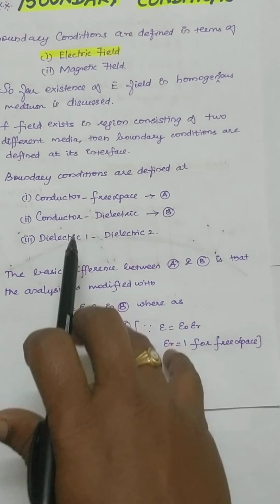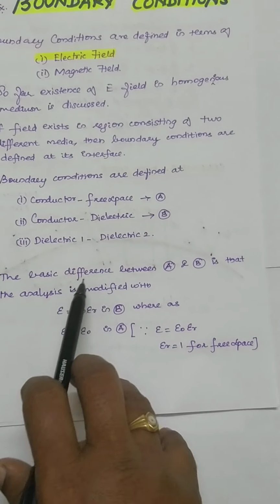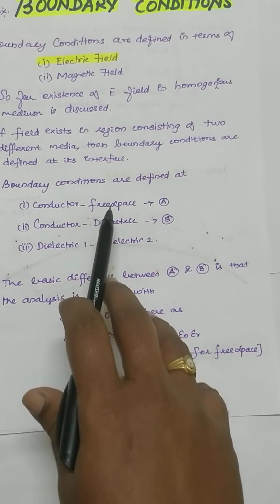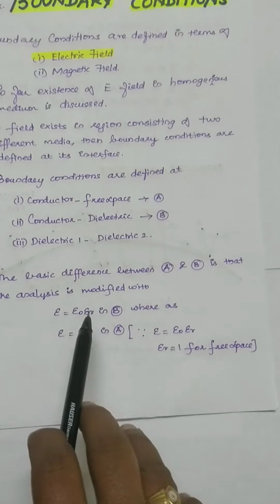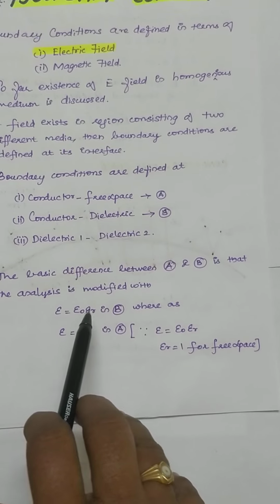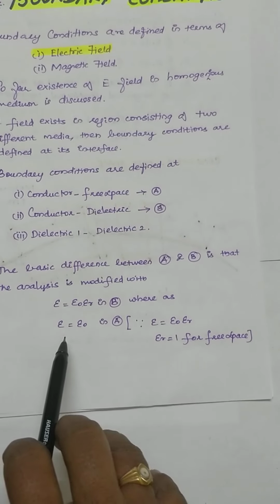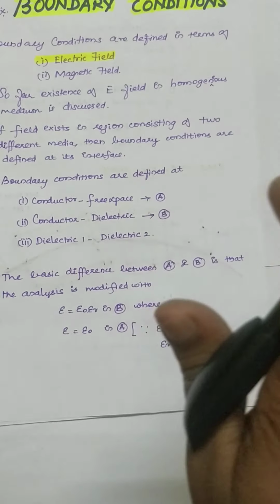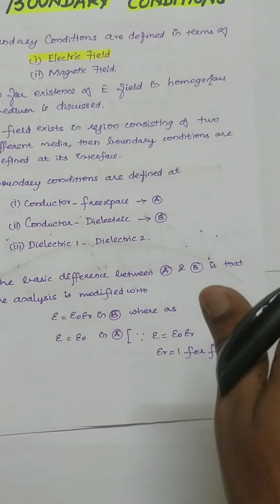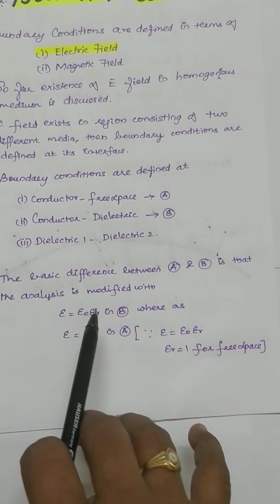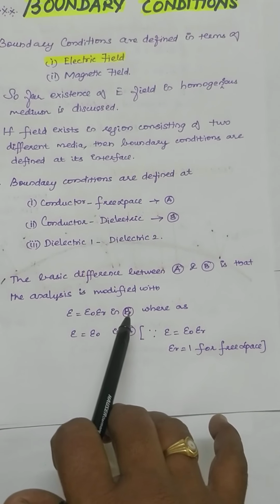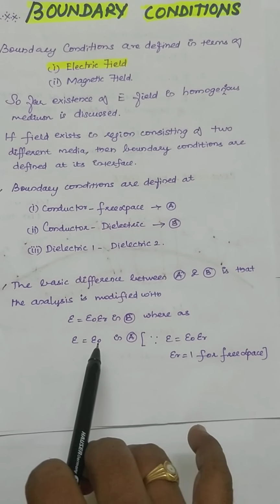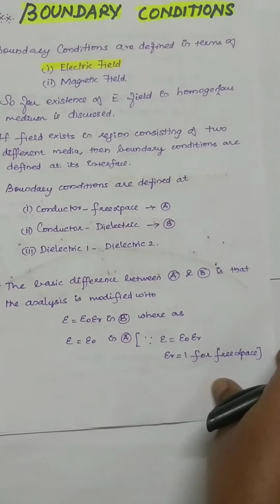The conductor medium remains the same in both cases A and B. In case of free space, epsilon equal to epsilon naught epsilon r is modified as epsilon equal to epsilon naught. But in dielectric it is epsilon naught epsilon r. That is, epsilon equal to epsilon naught epsilon r in B. In A it is epsilon equal to epsilon naught.